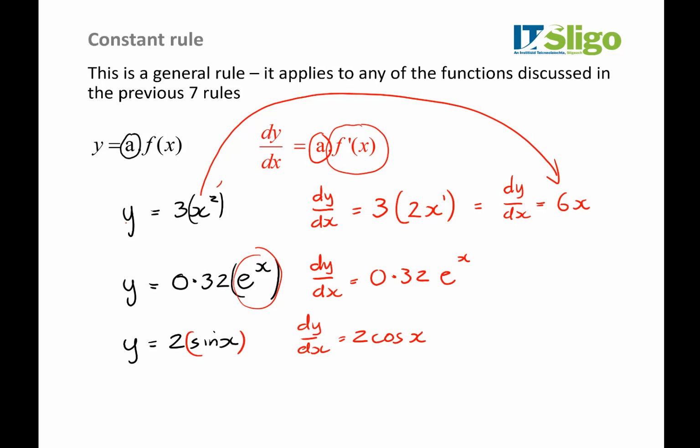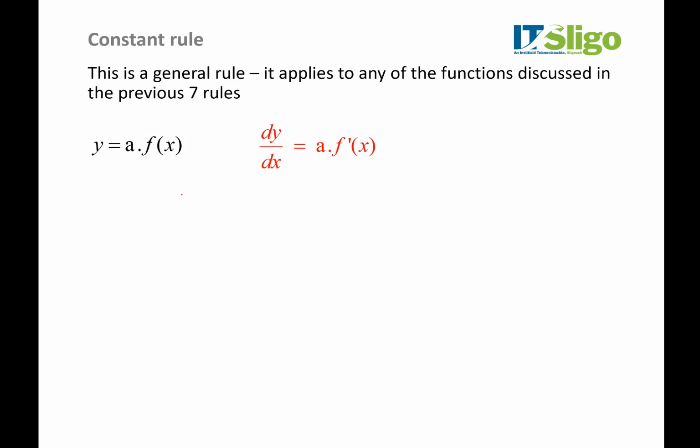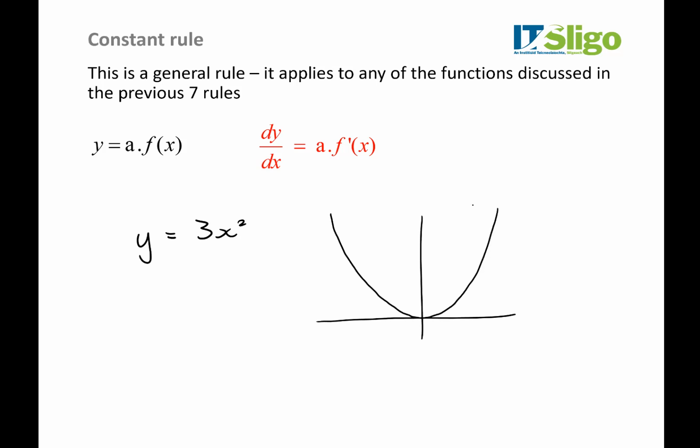We now know the rate of change at any moment for this curve. So say we have y is equal to 3x squared. Now we know this is a quadratic. It's going to look something like that. This equation, for any x value, we feed in.